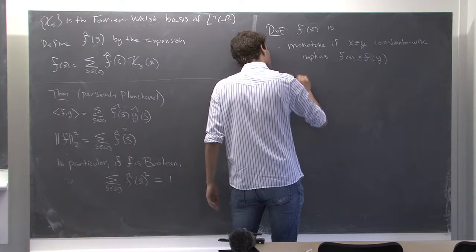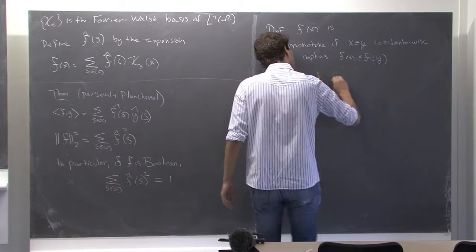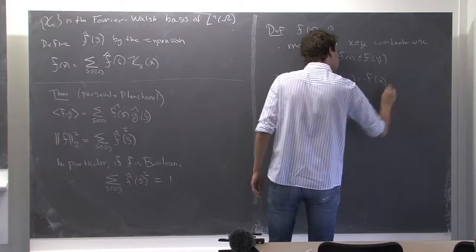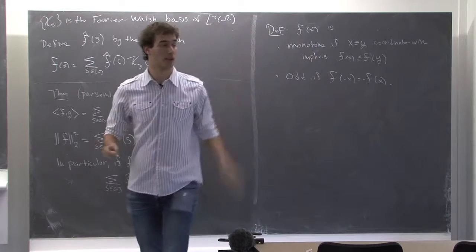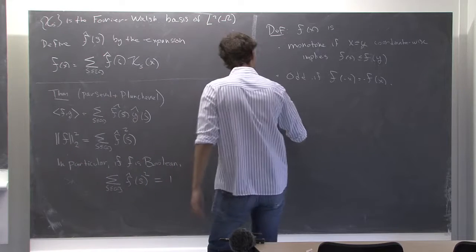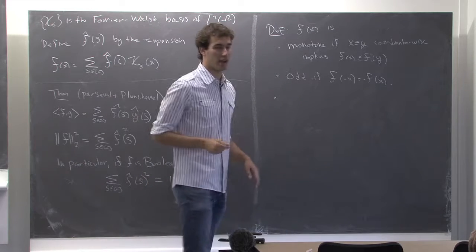It's odd, excuse me, it's odd if we look at the opposite point in the Hamming cube and we get the opposite value. And it's symmetric.